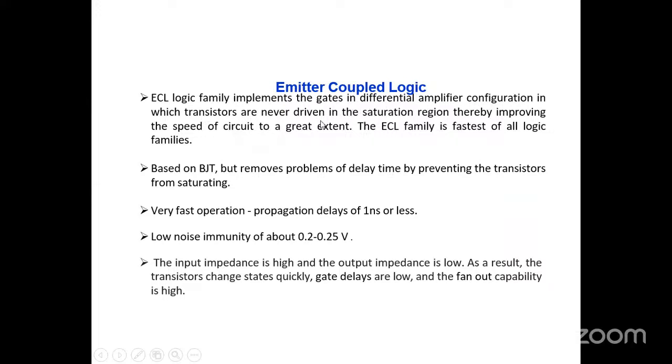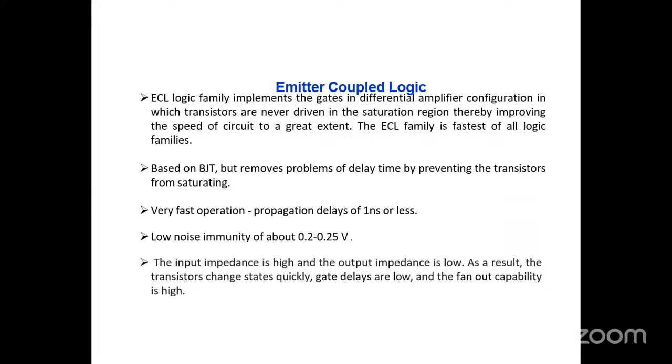The transistors are never driven into the saturation region because properly biased circuits exist here, so that the transistor will always be in the active region, so whatever signal is given at the input, immediately it will be transferred to the output.